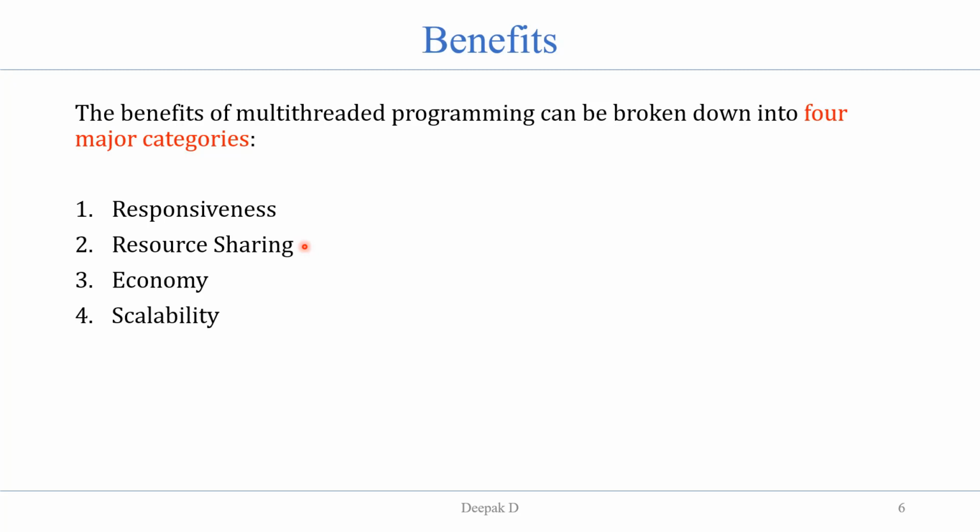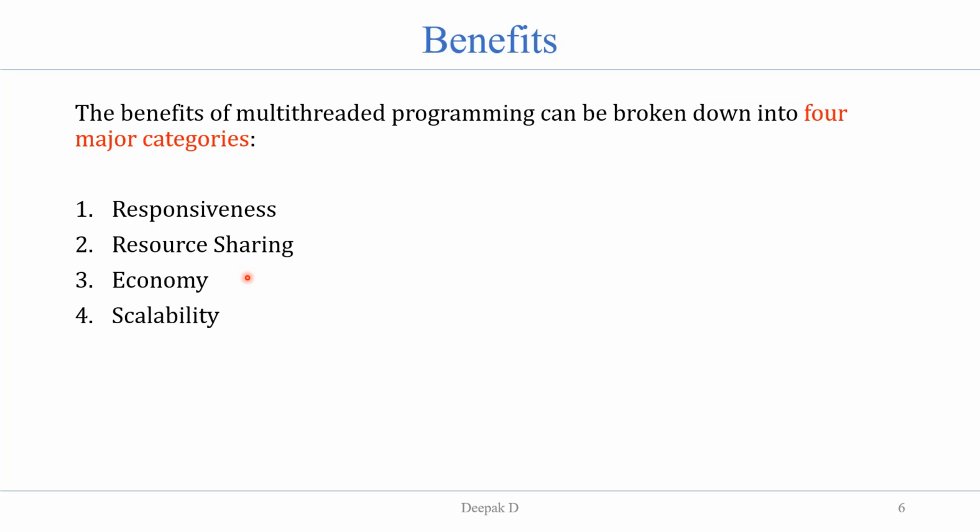So this is the concept behind resource sharing with respect to threads. The benefit of sharing code and data is that it allows an application to have several different threads of activity within the same address space.